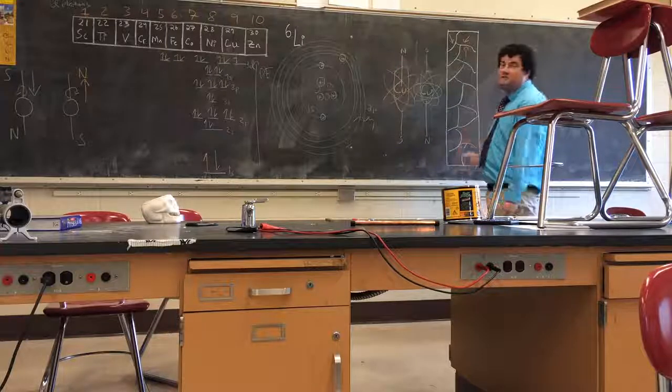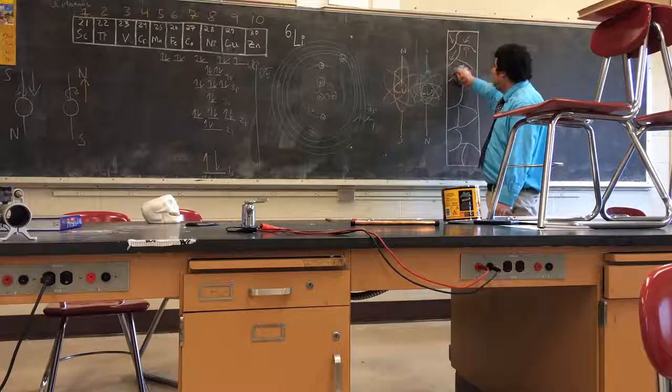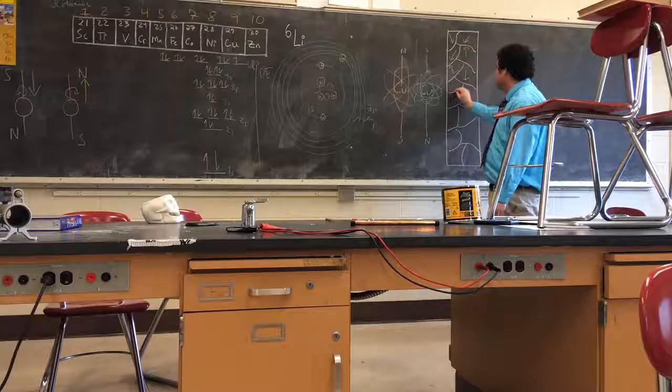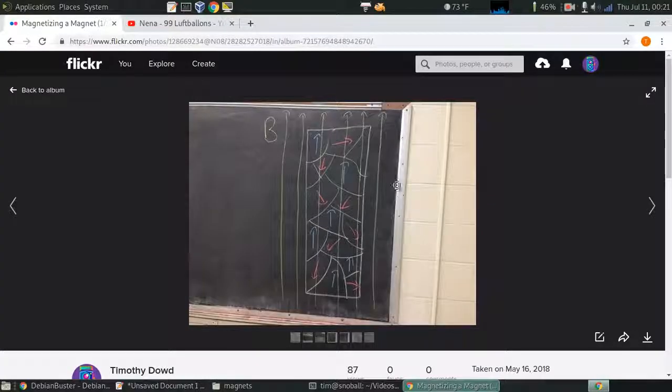And next door it's going to be different. And everybody's going to be in a random direction. Because all the domains are pointed in random directions, this piece of iron or steel doesn't appear to be a magnet. And that's consistent with a lot of the iron or steel we see in our lives.